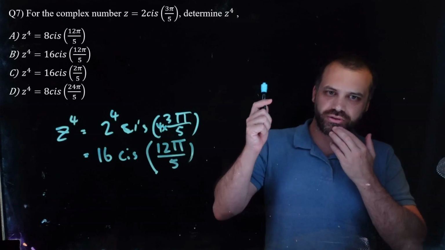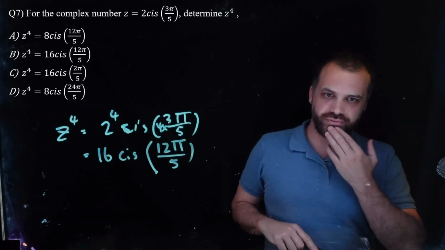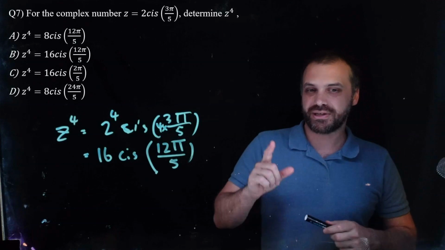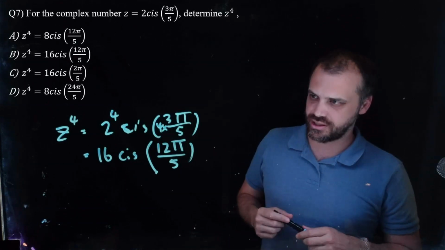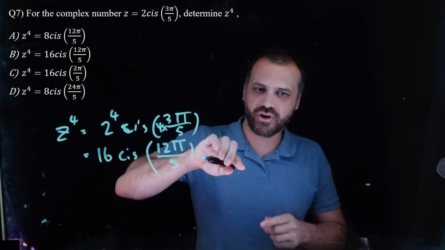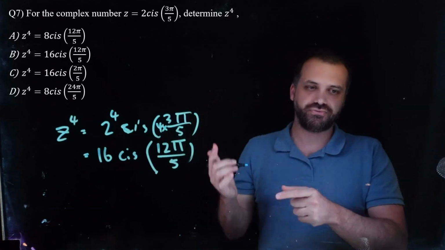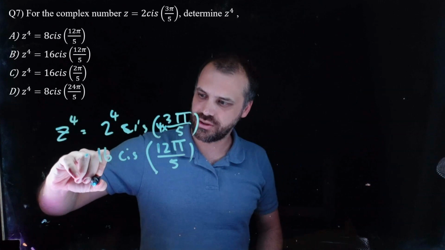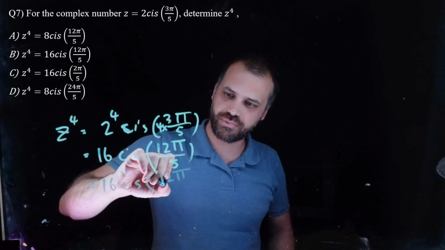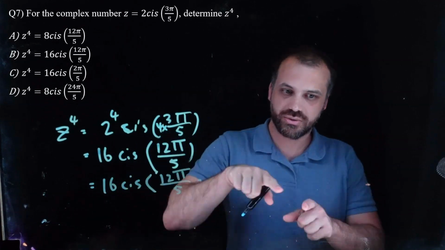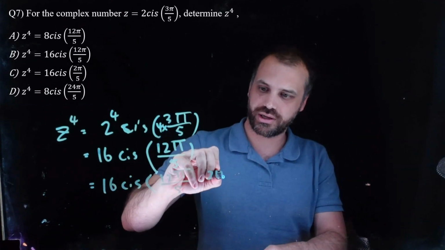Why is 16 cis 12 pi on 5 not the answer? Because that is not a simplified answer, and we want a simplified answer here. So, 12 pi on 5, that angle is more than a full rotation. So, I can come up with an equivalent answer by doing 12 pi on 5 minus 1 rotation, minus 2 pi.